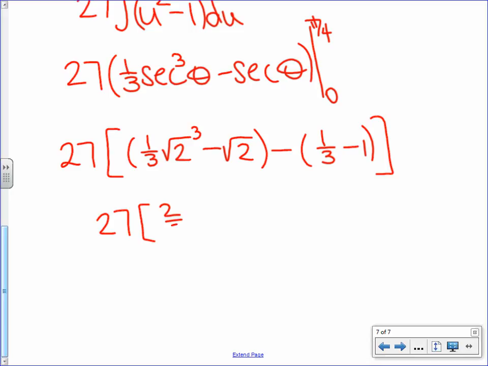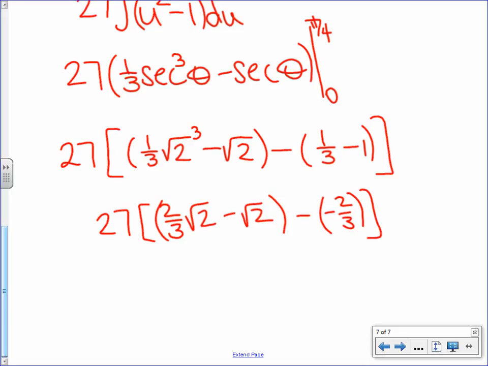So this becomes 2/3 radical 2 minus radical 2, minus negative 2/3. Negative 1/3 radical 2 plus 2/3. So what's 27 times 2/3? 18. Excellent. What's 2/3 of something minus 1 of something? Times 27.